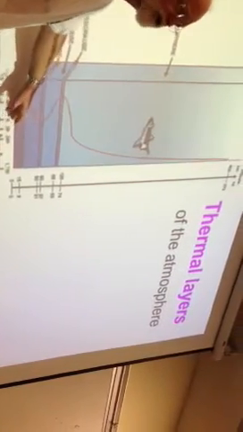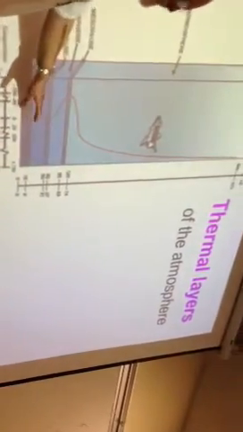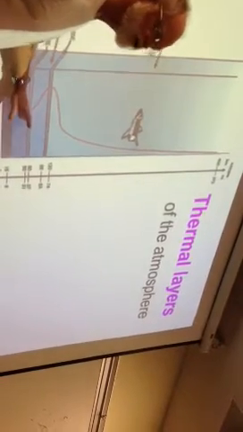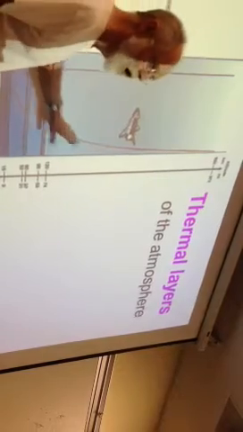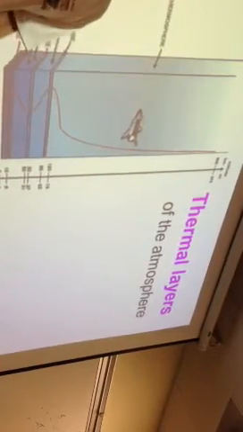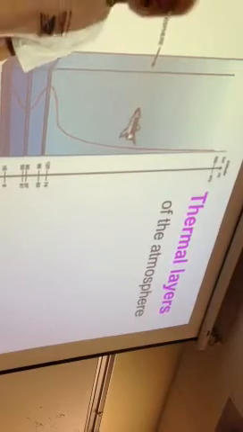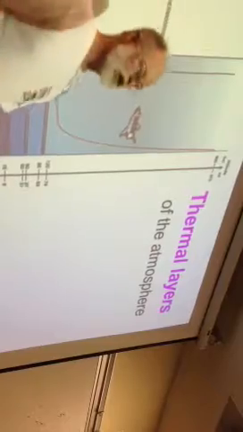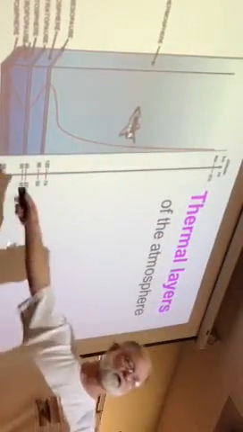Okay, so let me run through this one more time because it's so important. Troposphere cools as you rise. Stratosphere warms as you rise because of ozone. Thermosphere warms as you rise because of ozonation or ozone formation. Does that make sense? And what about ozone? Ultraviolet.